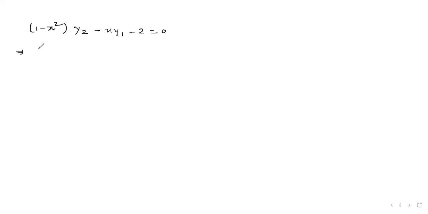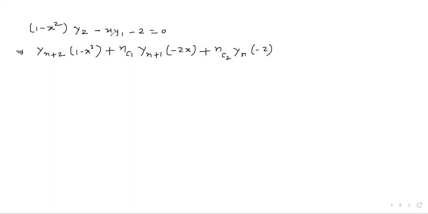So its nth derivative will be y(n plus 2) (1 minus x square) intact, plus nC1 y(n plus 1) and then the derivative of this, minus 2x, plus nC2 y(n minus 2). Now the derivative of this: minus x y(n plus 1) minus nC1 yn, and the derivative of this will become 1. Now the nth derivative of minus 2 will be 0, equal to 0.